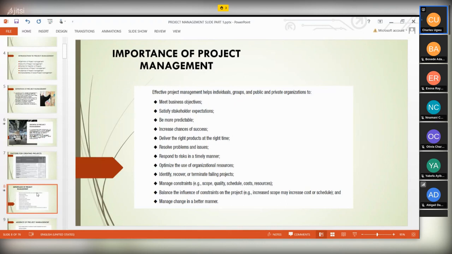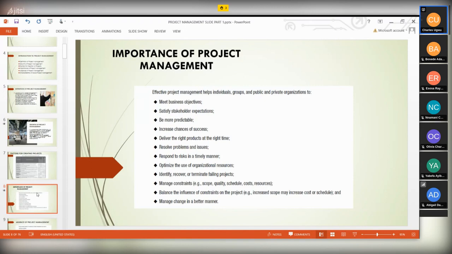These are the things that happened with Nokia, and that's why Nokia has gone home today. Nokia used to be number one in mobile telephones.